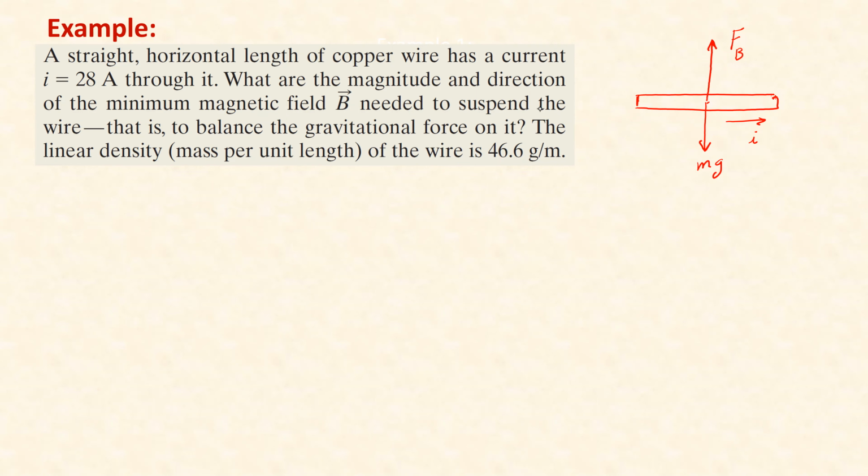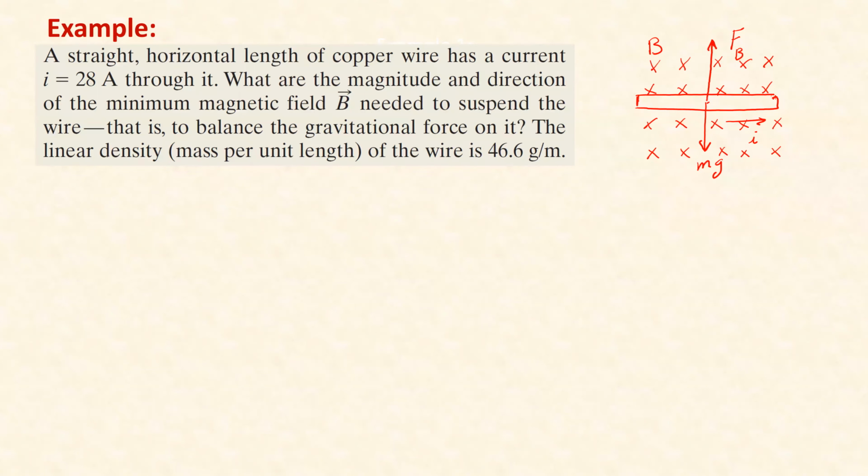If the field is into the page, which we can show by crosses, now you see that if you put your four fingers in the direction of the current, turn into B, which is into the page, so this is the B field, it has magnetic force upward.